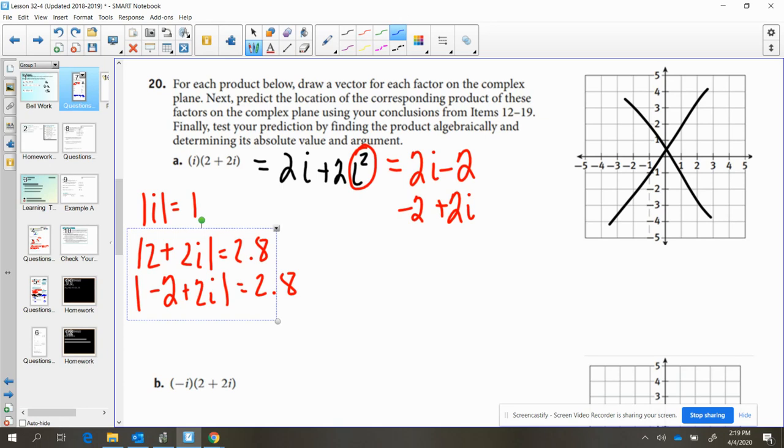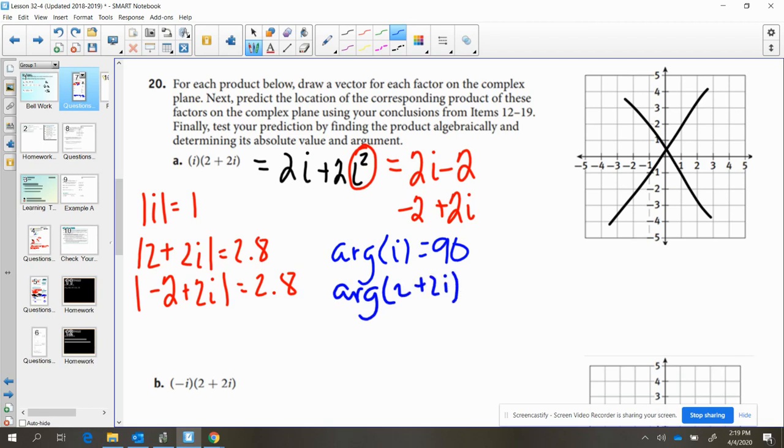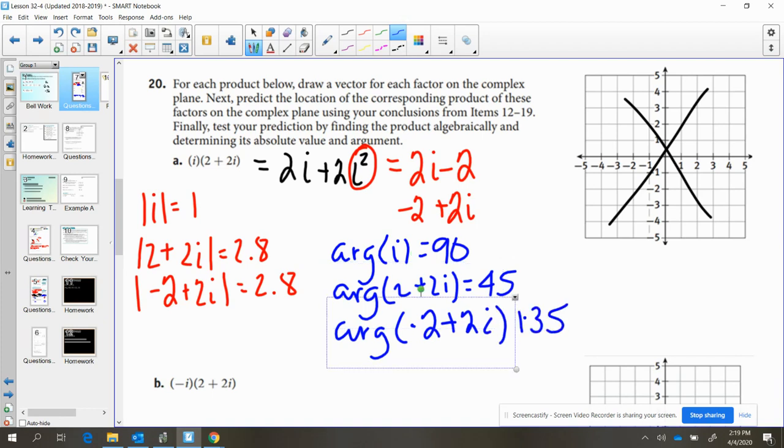While on the other hand, our arguments: argument of i was 90, argument of 2 plus 2i was 45, argument of negative 2 plus 2i, 135. Okay.